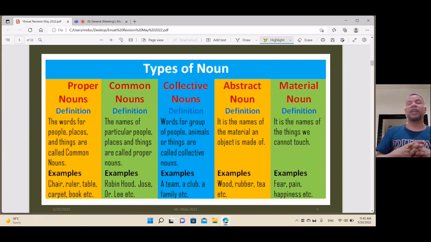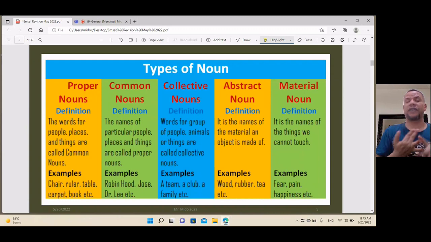Collective nouns, type 3. A collective noun means a noun that includes many nouns inside. Example, if I say family, family is a collective noun, a group noun. What's inside a family?